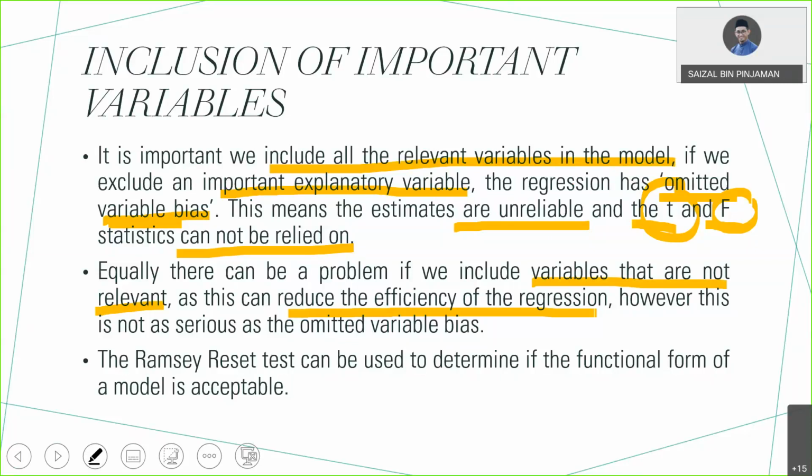When that model is estimated, all variables will be included, including the non-relevant variables. So the efficiency of the regression or estimation will be reduced. However, this is not as serious as the omitted variable bias itself.